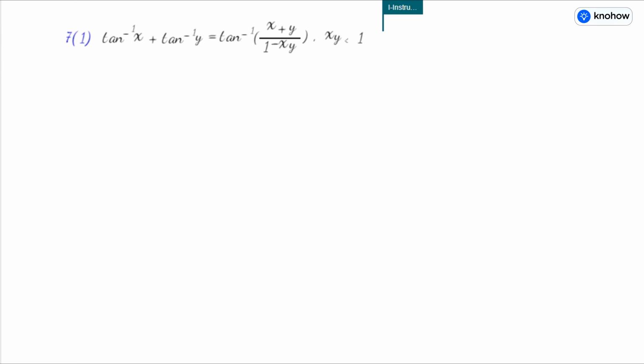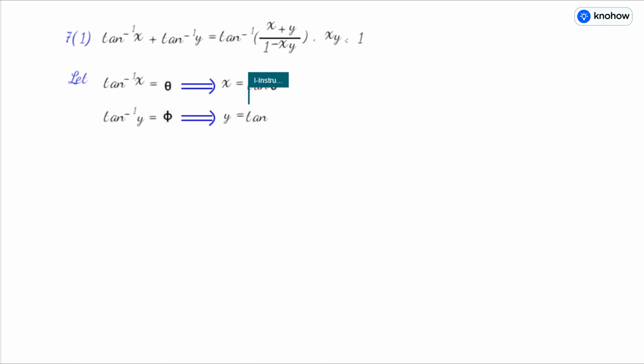You have to recognize the formula pattern. So let tan inverse x be theta, or x is equal to tan theta, and tan inverse y equal to phi, which implies y equal to tan phi. So x is equal to tan theta and y equal to tan phi.